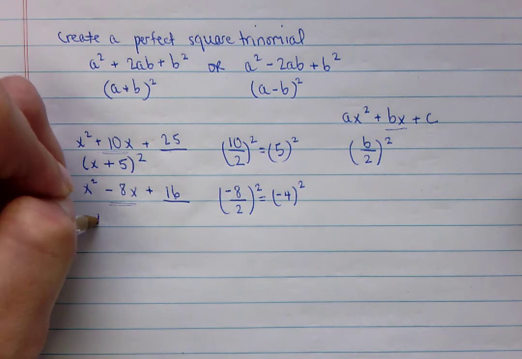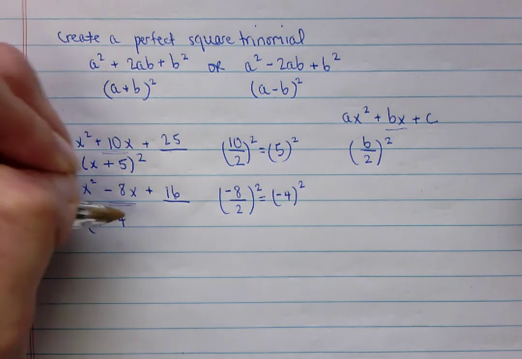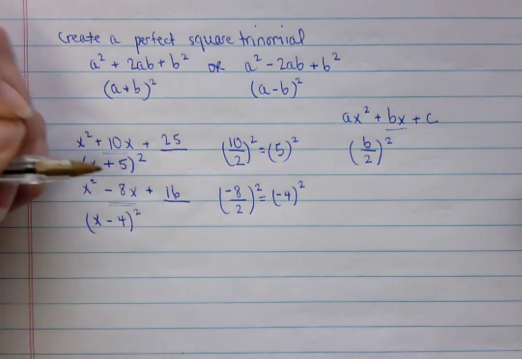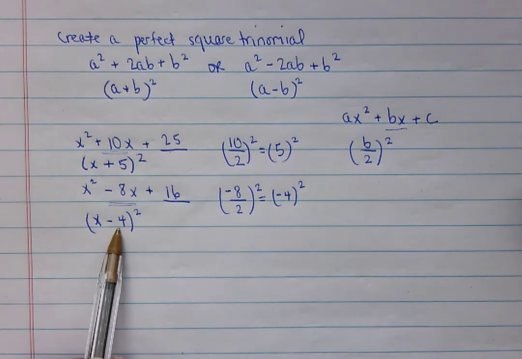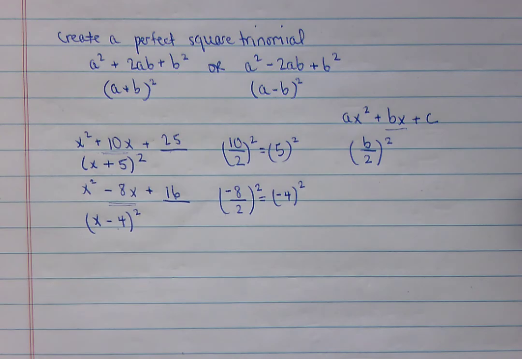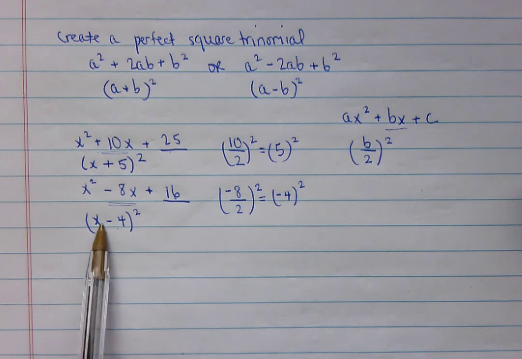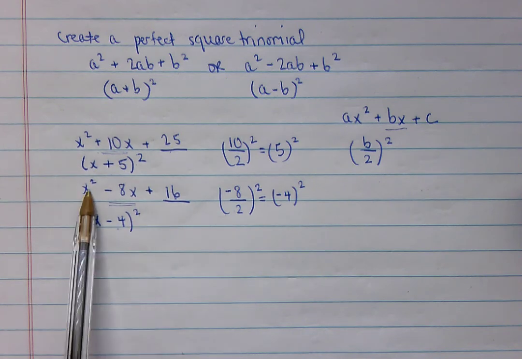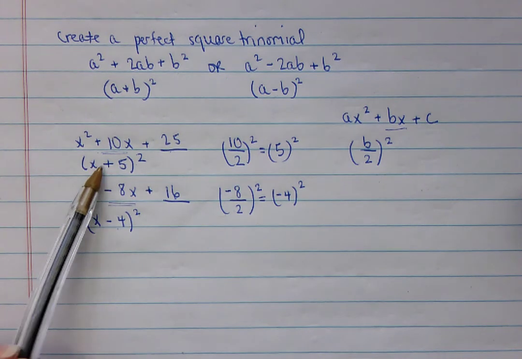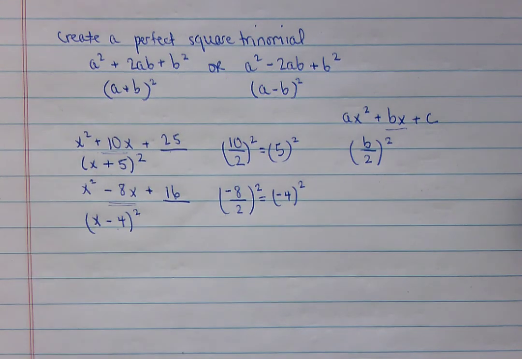This is going to factor to (x - 4)(x - 4), and you can write that as (x - 4) squared. Okay? If you were to FOIL that back out, you would get this. And if you were to FOIL this back out, you would get this. Okay? So that's how you create a perfect square trinomial.